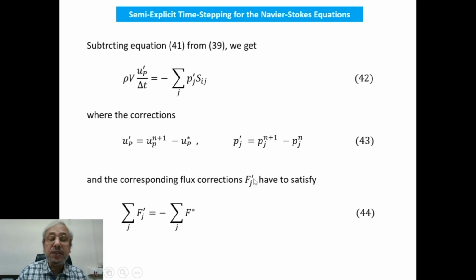Since velocity is being corrected, the mass flux also requires to be corrected, and this is basically summation of Fj prime over j equal to summation of F star over j. So this mass flux, if we calculate using the correction term, is the mass flux correction, and if we calculate using provisional velocity U star, this is F star.